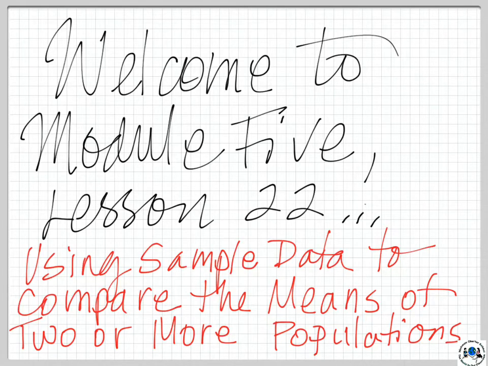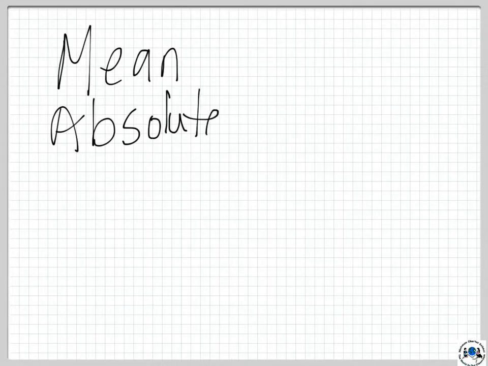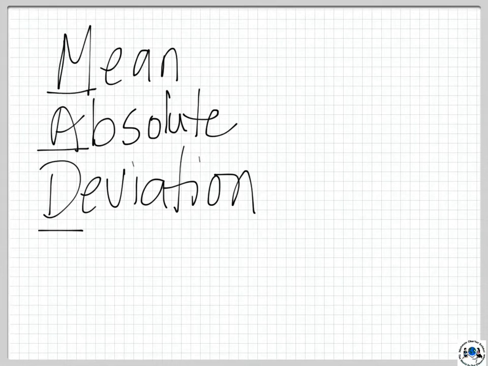They're going to introduce something in this lesson that I've never heard of before. I've talked about standard deviation in the past, but in this lesson they're calling this mean absolute deviation, or MAD.